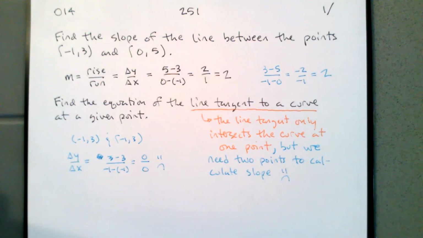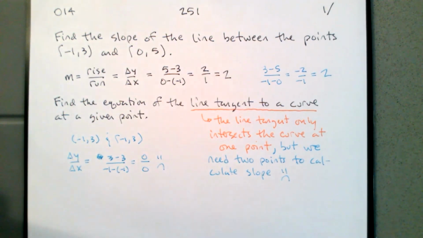So here's what we're going to do. We're going to do the classic math thing. We're going to approximate. We need 2 points, so we'll just pick 2 points that are close together.